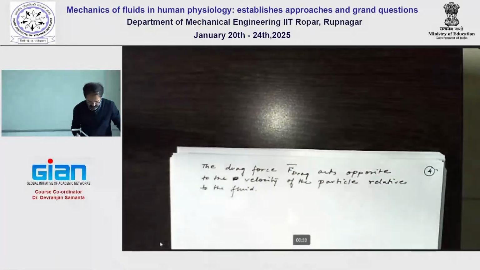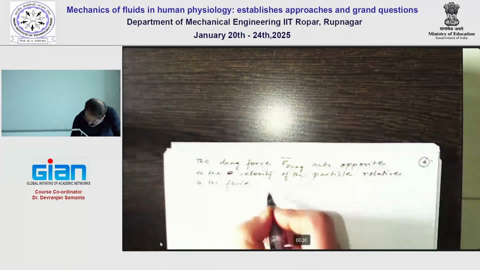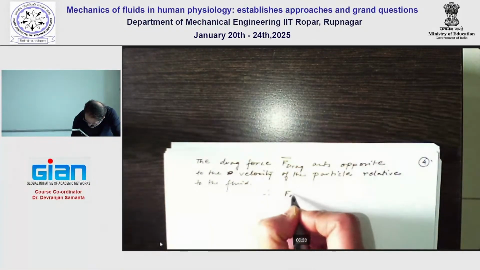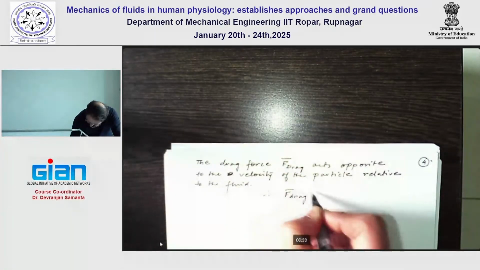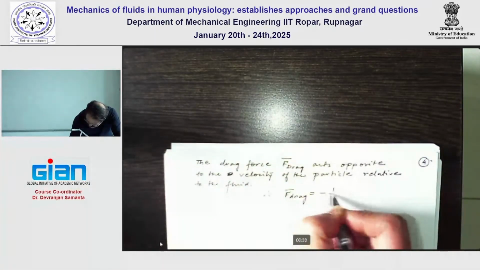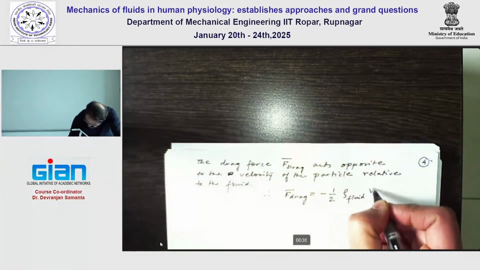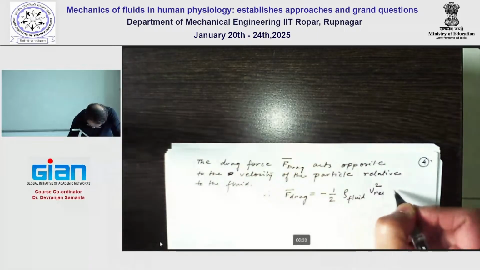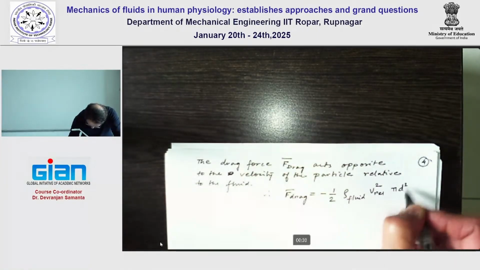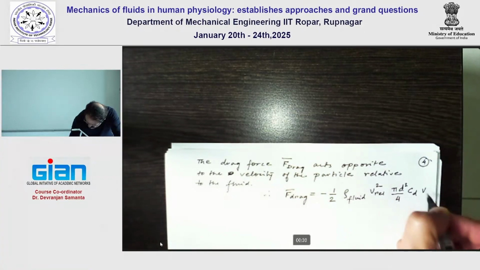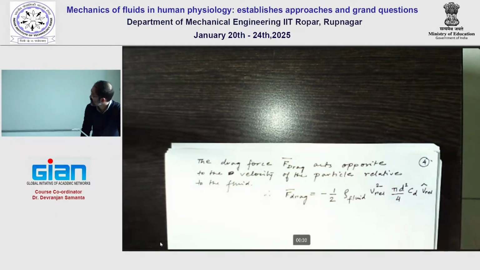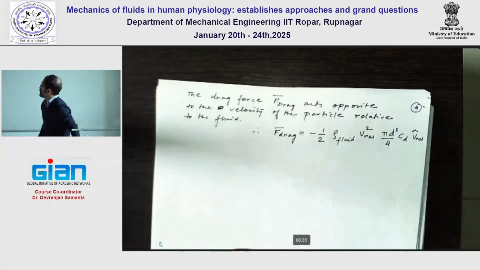So let's write the drag force down hence. So F drag is minus half rho fluid V rel squared pi d squared over 4 CD, the unit vector for that relative velocity.